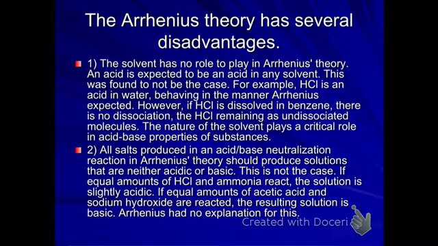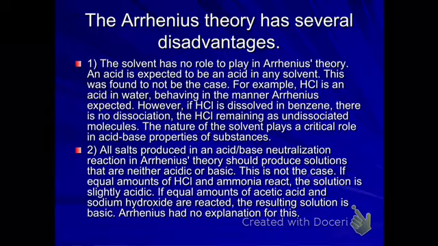Okay, part 2, a disadvantage of Arrhenius. He claims that all salts that are produced, you see when an acid and base react, they make a salt, like an ionic compound, should be neutral, neither acidic nor basic. But, as you will soon learn, this is not always the case.